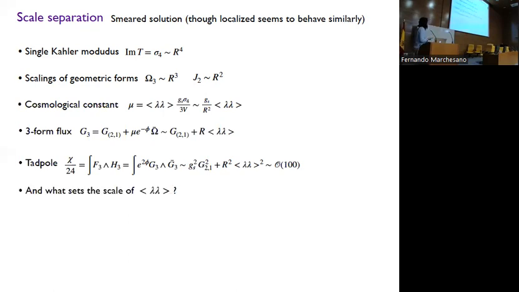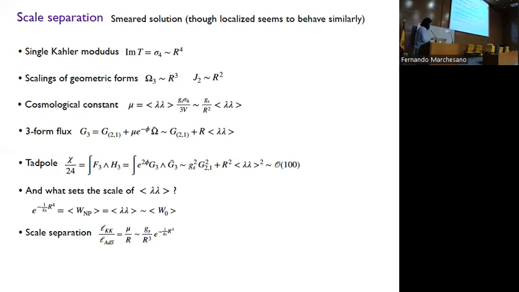Now, what sets the scale of the gaugino condensate? The gaugino condensate is W non-perturbative, and is given by this. But then our equation says, as in KKLT, that this is similar to W0.